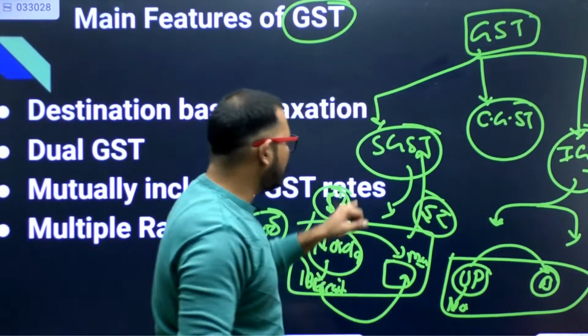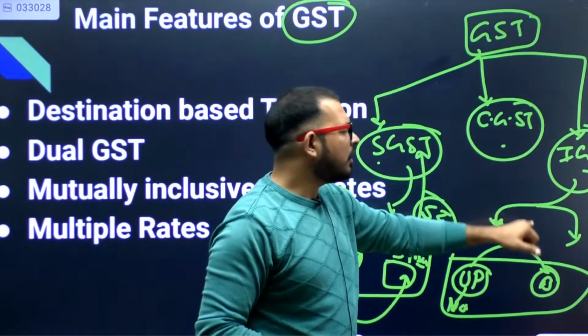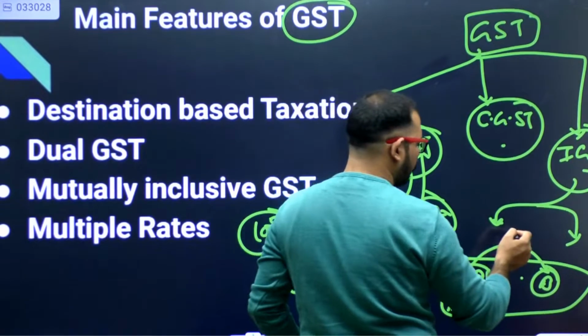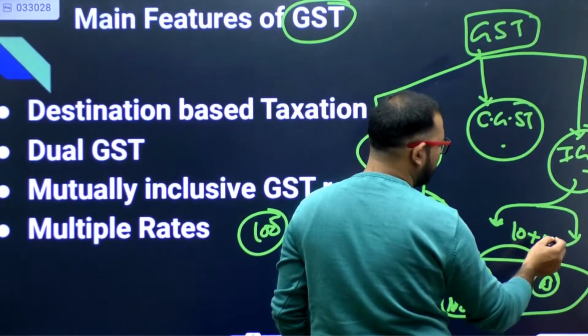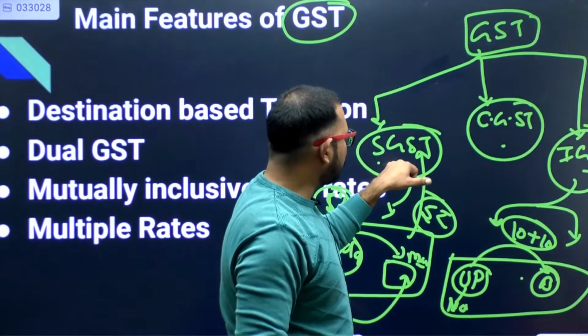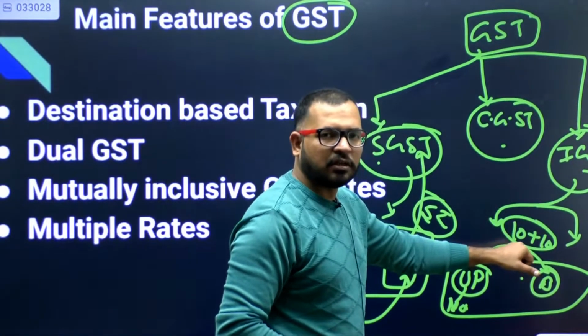So here neither SGST nor CGST will come into the picture. Here comes IGST. Let's say IGST on the biscuit is 10%. 10% plus 10% becomes 20%. So here SGST plus CGST becomes IGST.